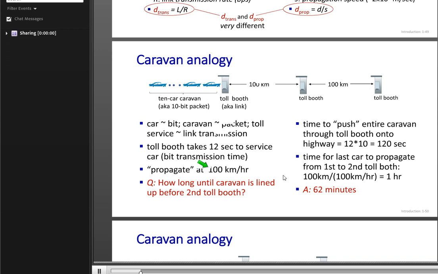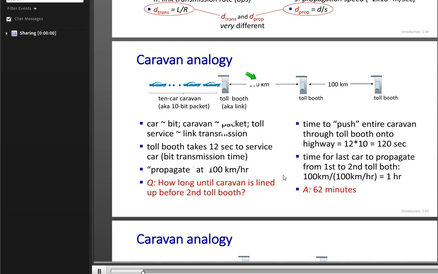So the question is this: how long will it take for this caravan to completely pass the highway? How long until the caravan is lined up before the second tollbooth?